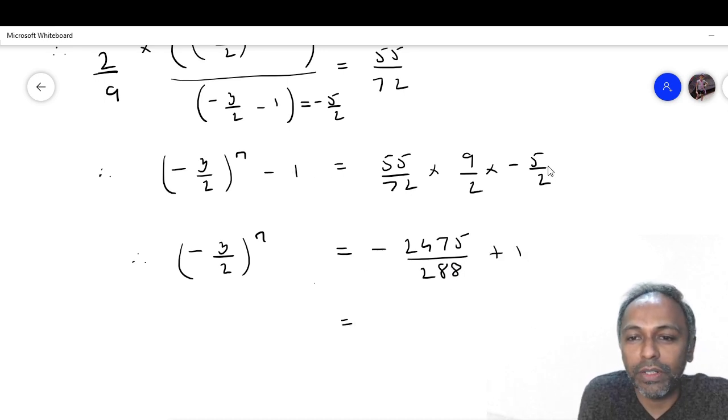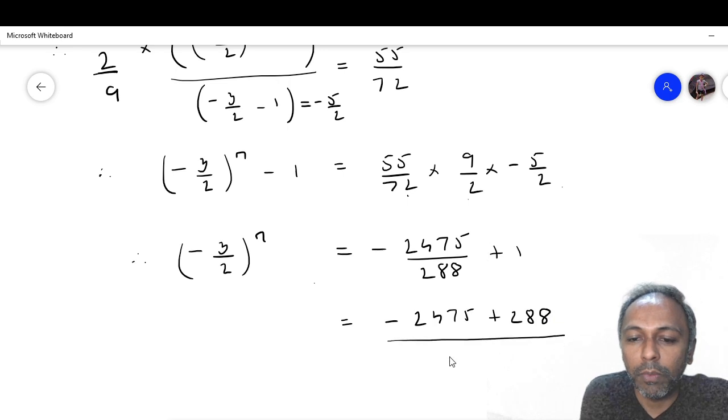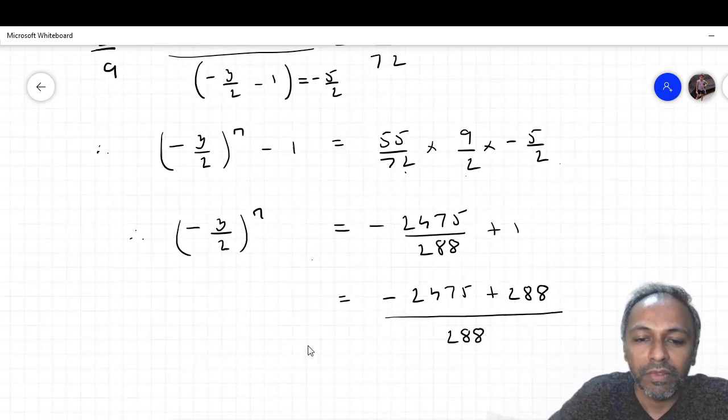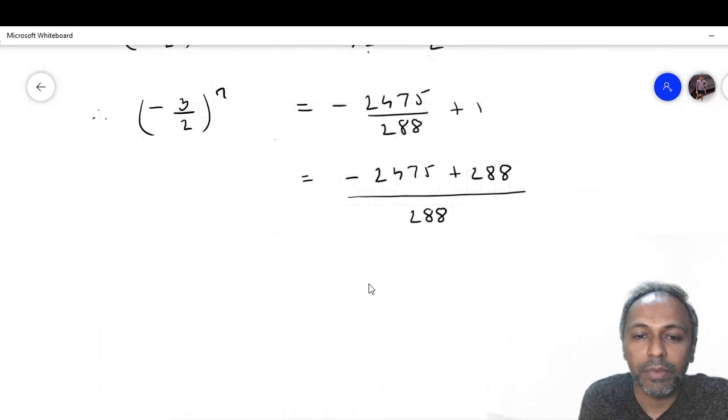This minus 1 is brought here, so it's plus 1, and the denominator values are multiplied, which makes it 288. This will become minus 2475 plus 288, the whole upon 288. Let's verify this subtraction once, how much it comes to. So this is becoming minus 2187 upon 288.